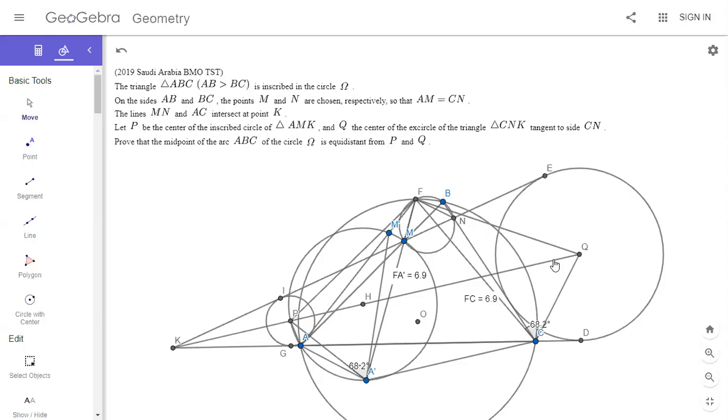Yeah, if we can show M prime N is parallel to PQ, I think that would solve the problem.